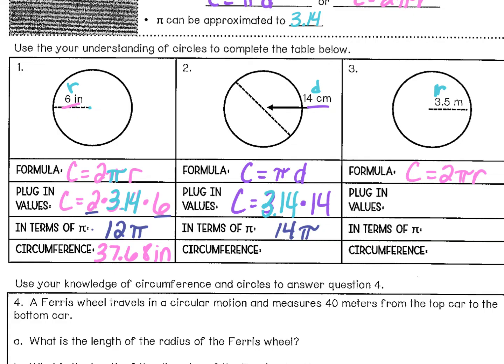And over here, it was that same thing. If I went all the way across, this right here is actually 12. That's where the 12 pi comes from, because you double the 6. Now 3.14 times 14 is going to give me 43.96, and we're in centimeters here.